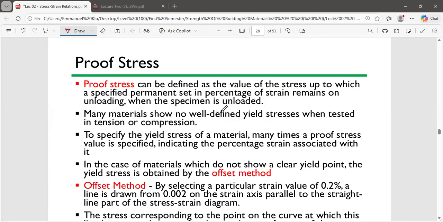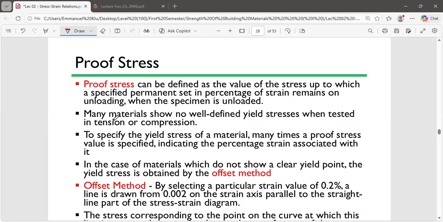Also take note that the proof stress, also known as the proof strength, is the stress at which a material, like metal, exhibits a specific amount of plastic deformation, usually 0.1% or 0.2% strain. It is just a measure of a material's ability to withstand stress without deforming permanently.